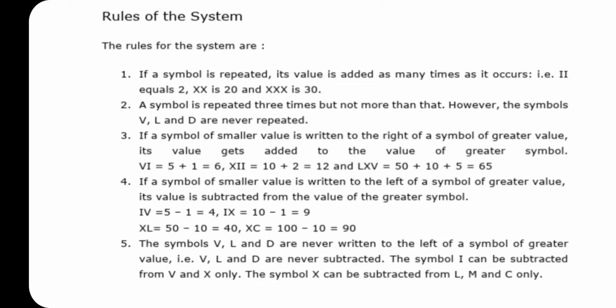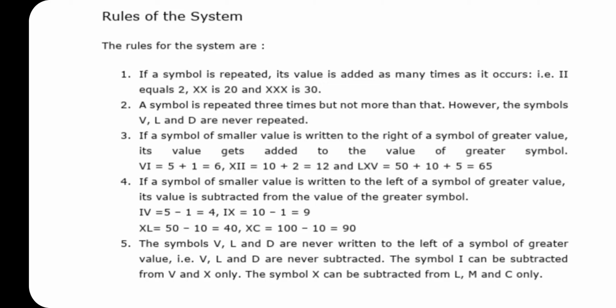That is, 2 I's equal 2, 2 X's equal 20, and 3 X's is 30. Second, a symbol is repeated 3 times, but not more than that. However, the symbols V, L and D are never repeated.